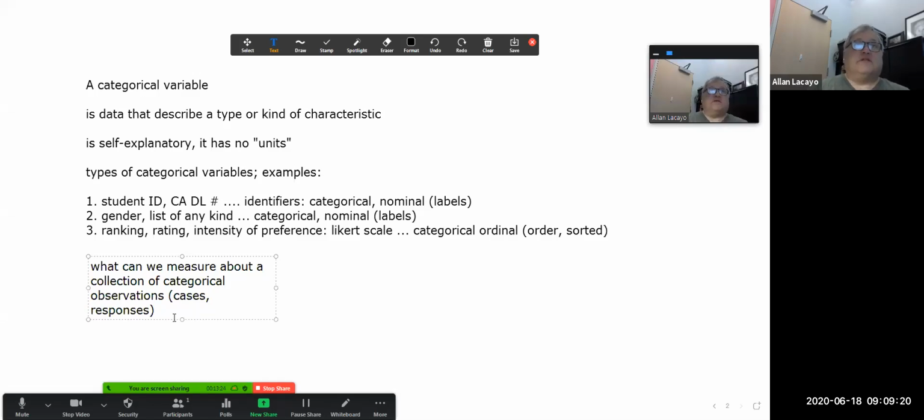There are only a very select few things that we can measure. We can basically answer the following question: how often categories repeat.